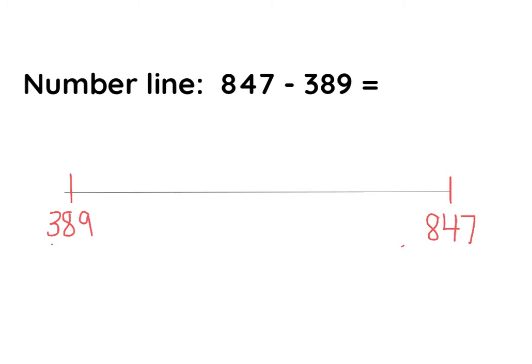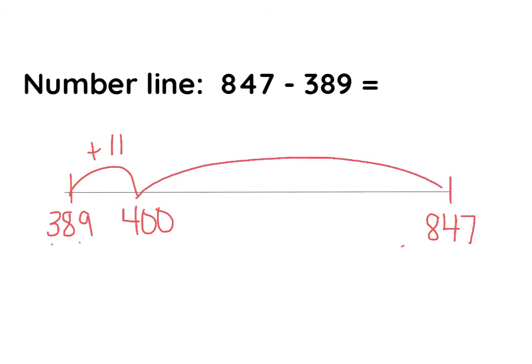So the answer is going to be about halfway in the middle of 300 and 400. So let's add the partner and get 11. So 389 plus 11 equals 400. Now let's jump all the way there by adding 400, which puts me to the 800, and then 47, which puts me all the way to the end.